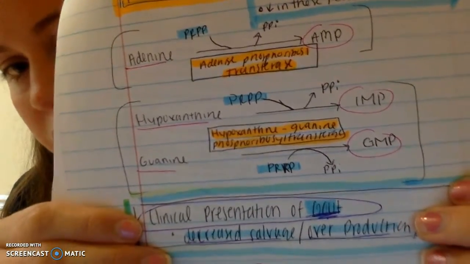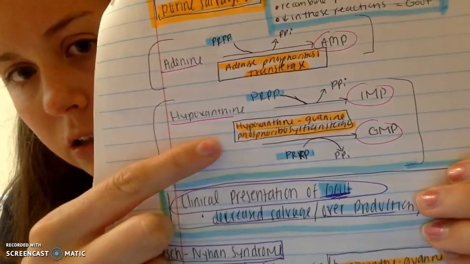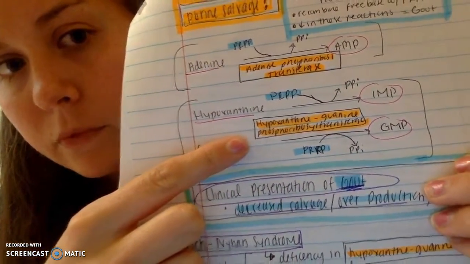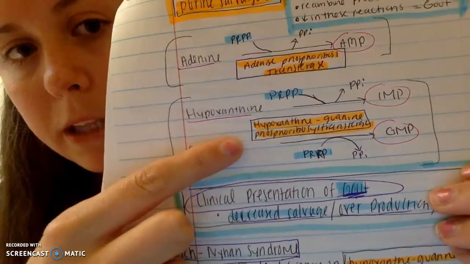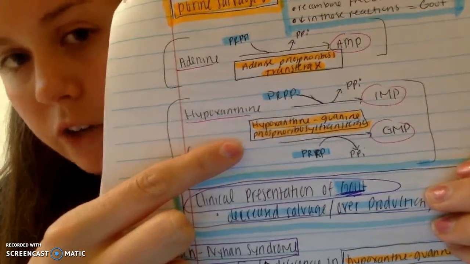And when there's a decrease in purine salvage, there is a deficiency in this enzyme right here. And so normally this hypoxanthine-guanine phosphoribosyltransferase will work properly, and it will make these bases convert back into nucleotides. And so when there's a decrease in this, there's no conversion of the bases back into nucleotides.